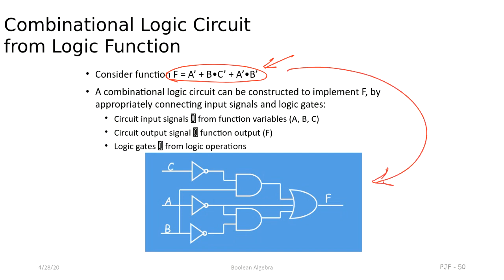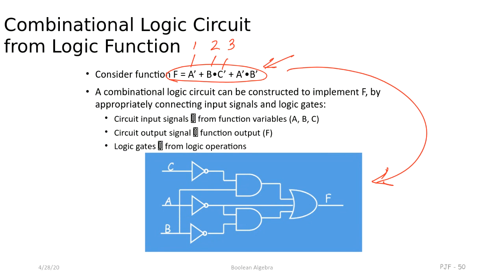So it's not a difficult thing. You can do it easily. First of all, you have to see how many inputs are there. Here you can see there are three inputs: A, B, and C. So these three inputs you need to tackle.